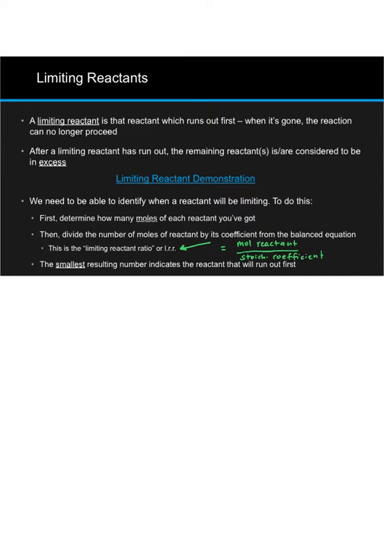In the previous example, 15 grams worth of sodium versus 15 grams worth of chlorine had limiting reactant ratios that look as follows. 15 grams worth of sodium is equivalent to 0.652 moles.